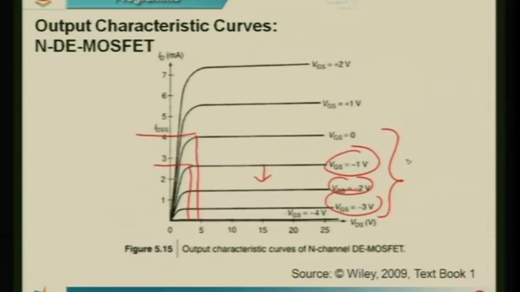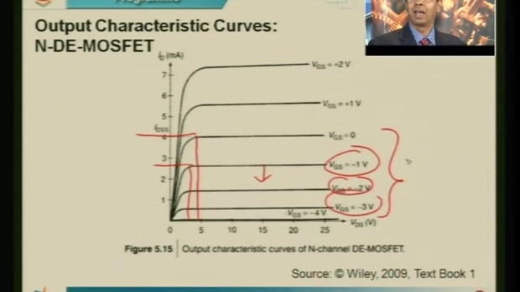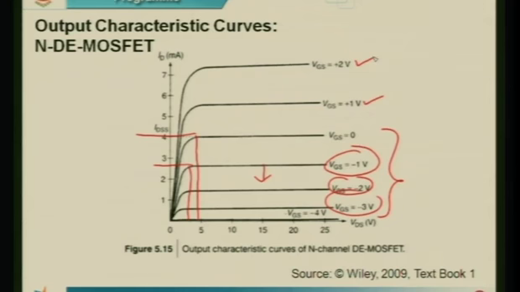Now apart from this, can you also give a positive gate voltage to this device? The answer to this is yes, as is evident from this particular chart here. I am giving VGS as +1 volt and +2 volt. Now by doing that, what am I doing? What will happen if I increase the gate voltage? If I give a positive voltage to the gate, I am going to increase the depth of the channel.